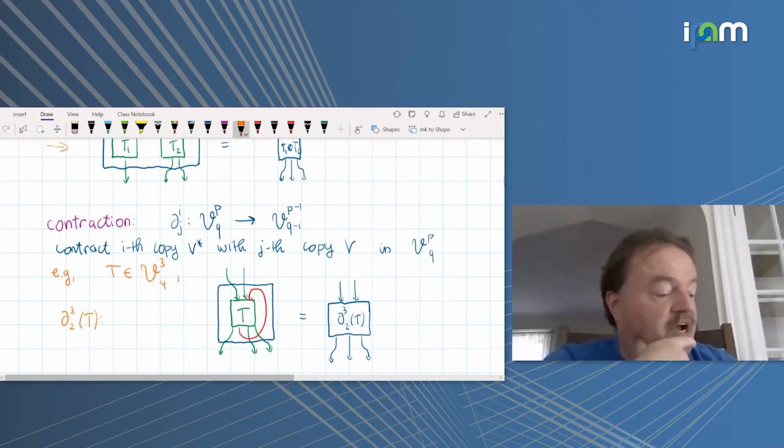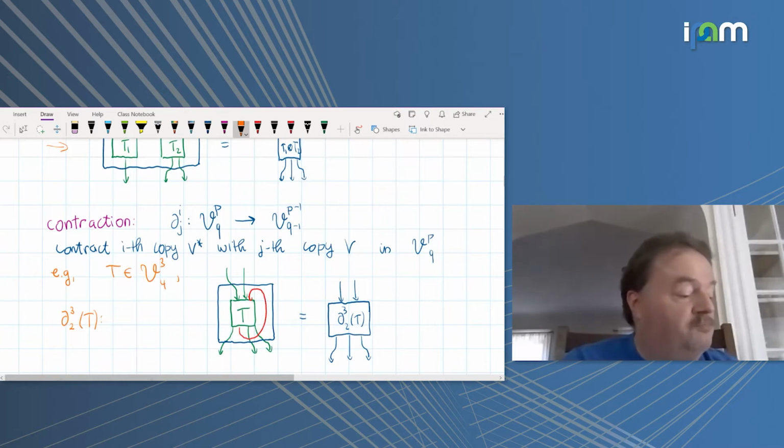So in terms of diagrams, if T is a tensor that has 3 inputs and 4 outputs, then I can connect, for example, the second output to the third input. So that will look like this. Okay, and these contraction maps, I denote them by delta.